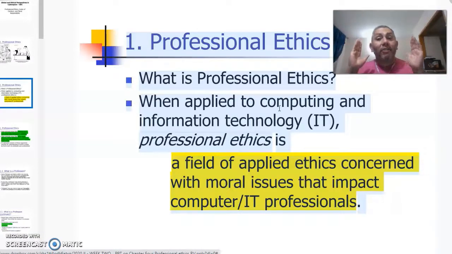It's a field of applied ethics concerned with moral issues that impact computer IT professionals. In other words, it has to do with the analysis, the study, the interpretation of ethical and moral issues that IT, information technology, or computer professionals get involved with.